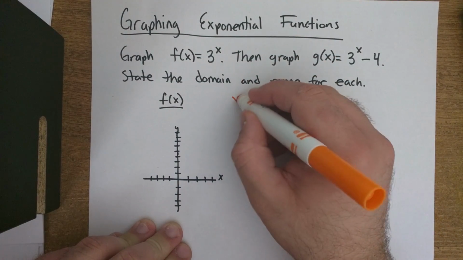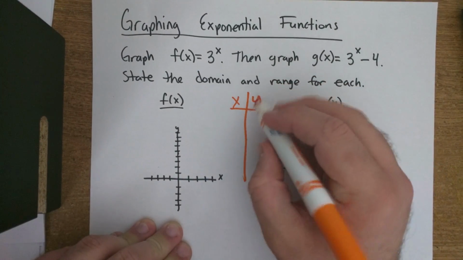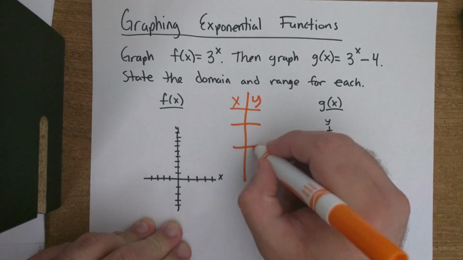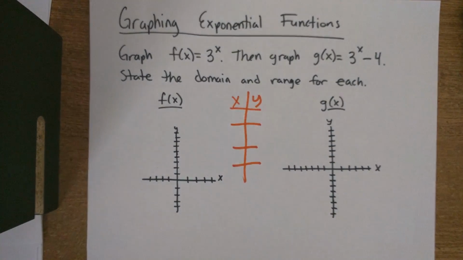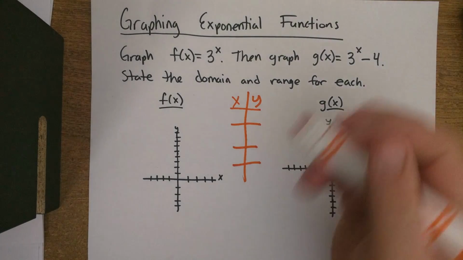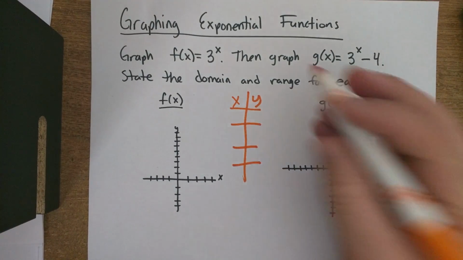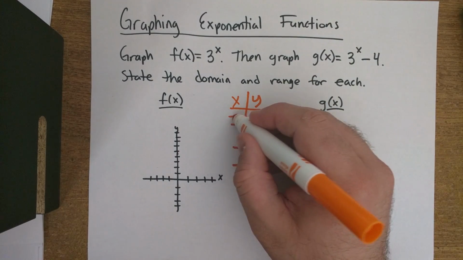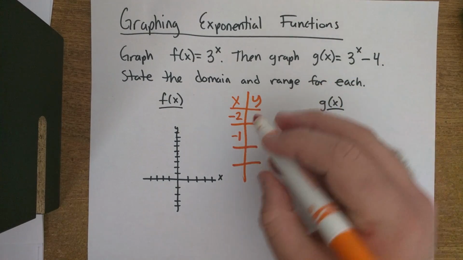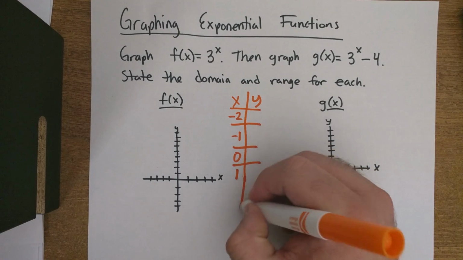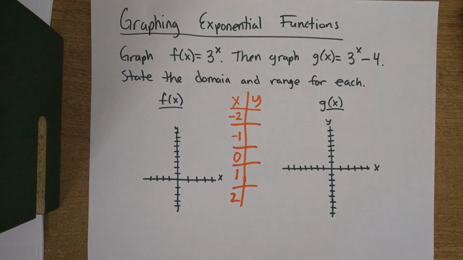So what I'll do is set up an xy table. We're going to do f of x first. We don't need to make this super complicated. What I would do if I were you is make the table, and you're going to put -2, -1, 0, 1, and actually let's go ahead, I'll go all the way up to 2.